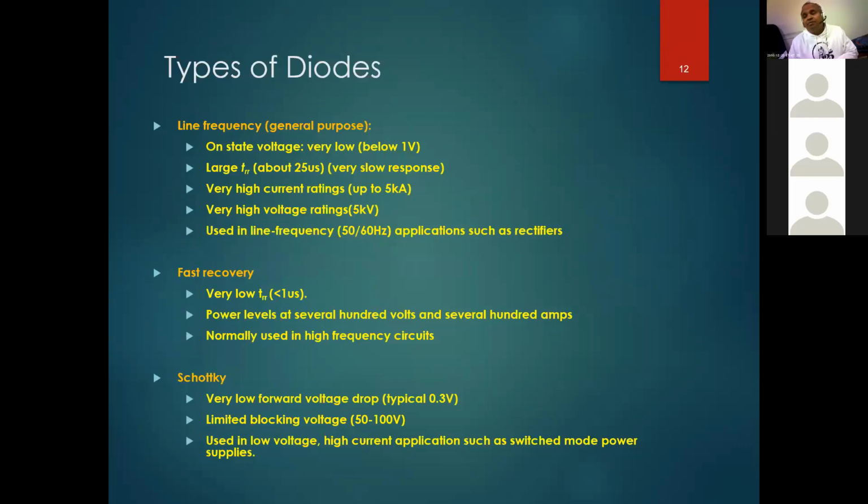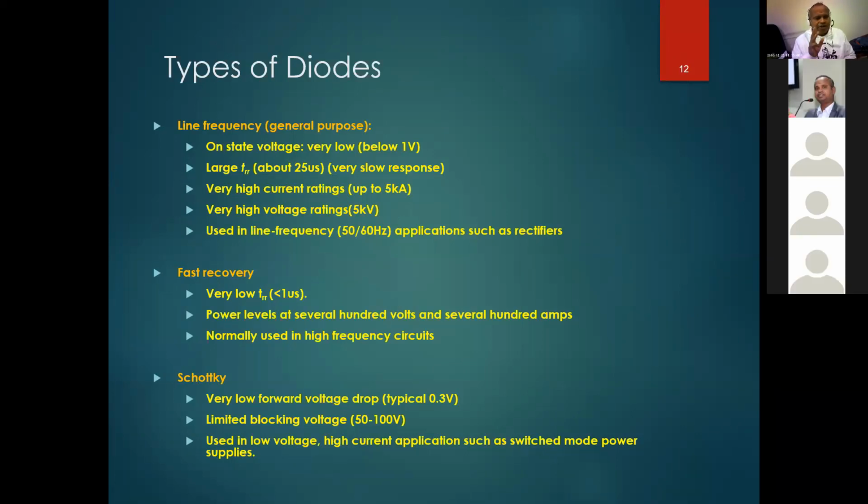There are different types of diodes: line frequency diode, fast recovery diode, and Schottky diode. The first one, the line frequency diode, is for very low frequency.